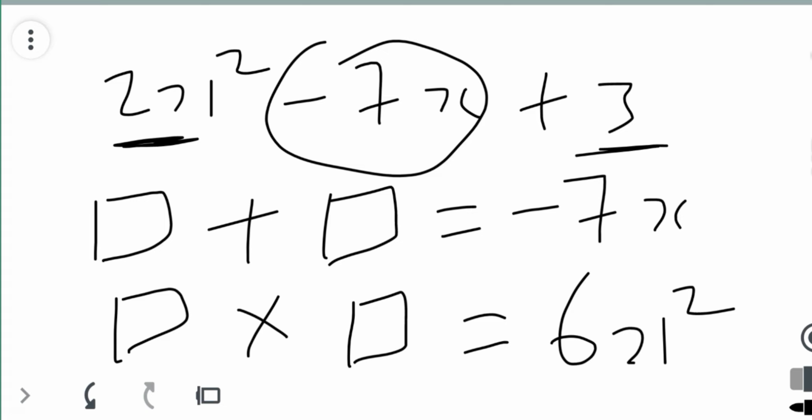This method that we are using is called a factorization method, and those questions were brought from what we call quadratic equations. So we've been able to solve quadratic equations using the factorization method.